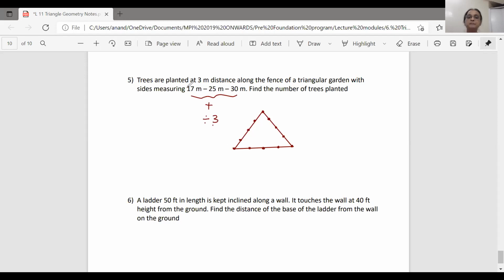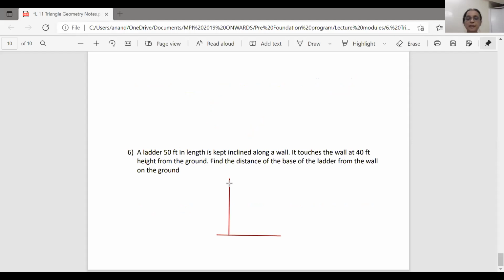Okay. And then the last question, and then we will be talking to your parents. A ladder 50 feet in length is kept inclined along the wall. This is the wall, this is the floor, and this is the ladder kept. This ladder is 50 feet.